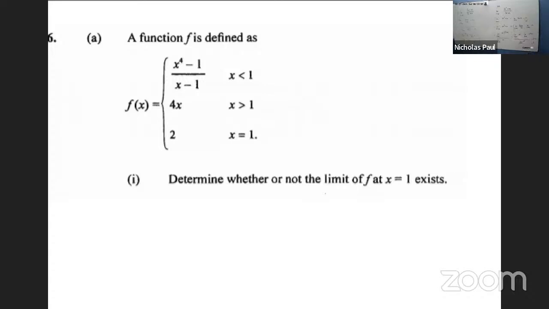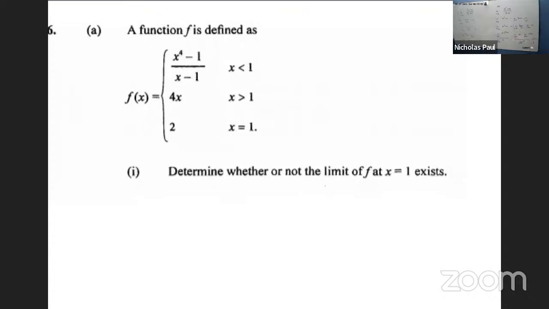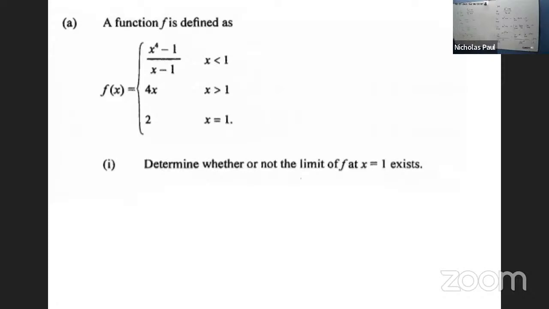Right, so remember, for a limit to exist, you have to approach from the right, and it has to be equal to the approach from the left.